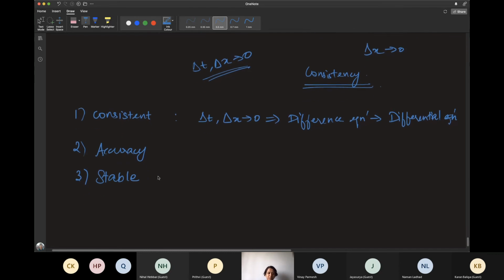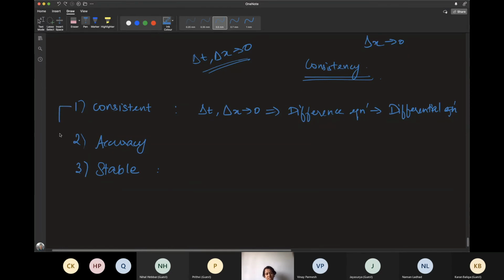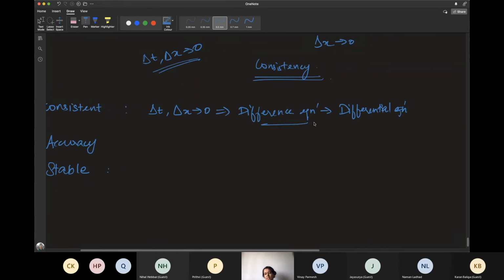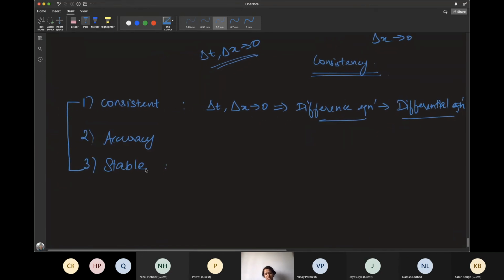Stable means you'll always introduce some error in some step. As you proceed, that error should not grow; that error should be bounded. Doing stability analysis for linear problems is easy, but for nonlinear problems it's not easy. Consistency is the difference equation approaching the differential equation.